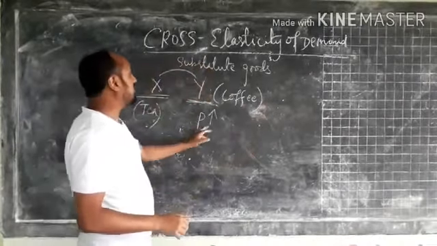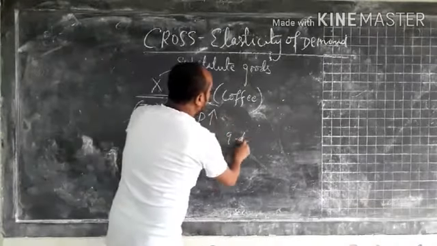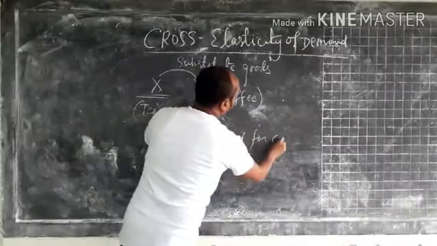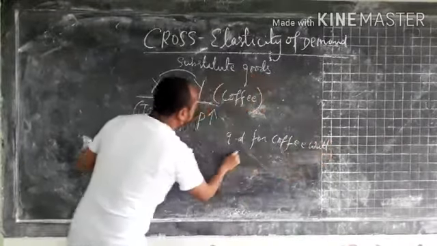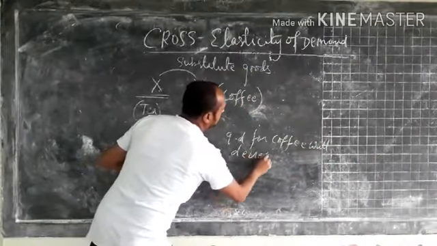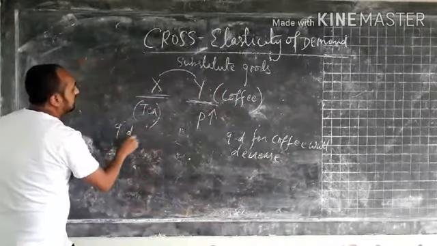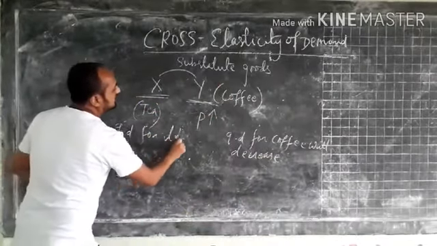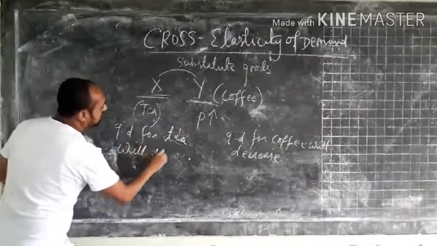Now when the price of coffee increases, obviously the quantity demanded for coffee will decrease and the quantity demanded for tea will increase.